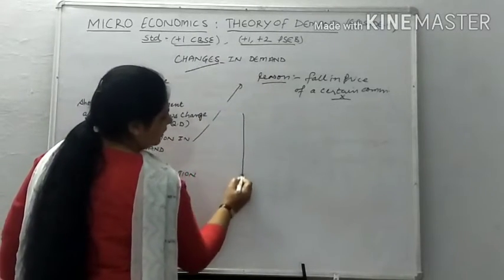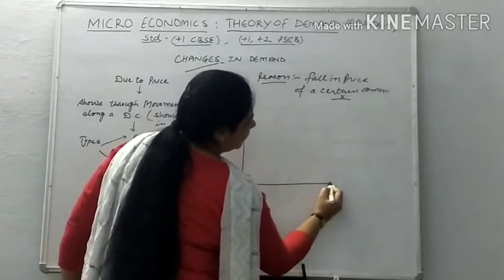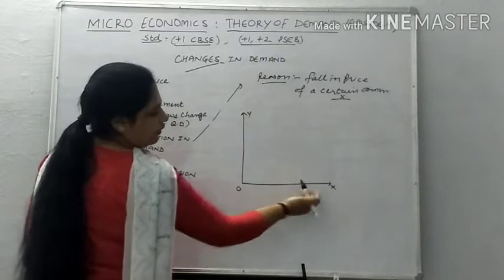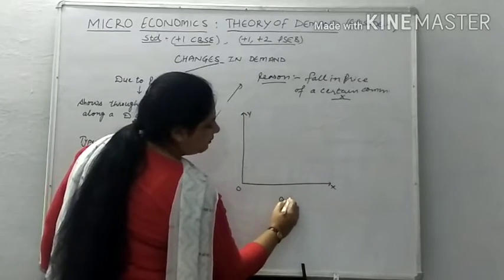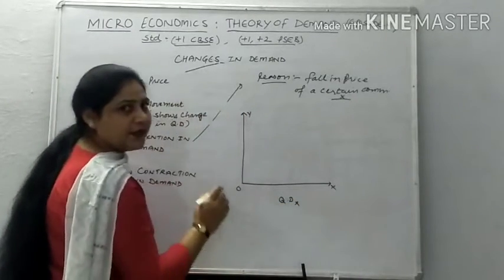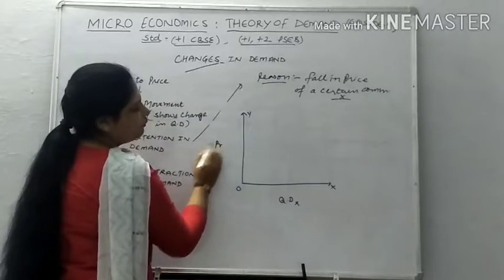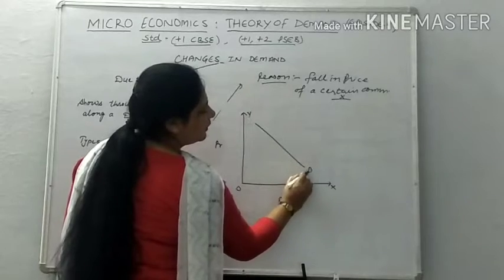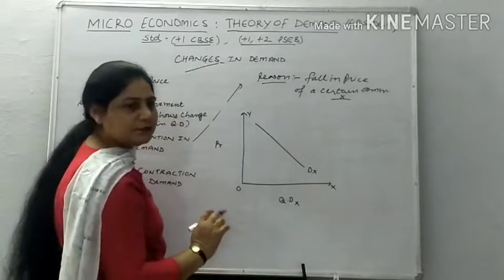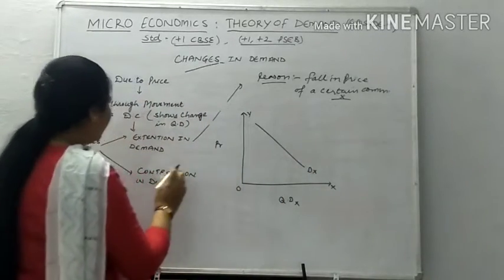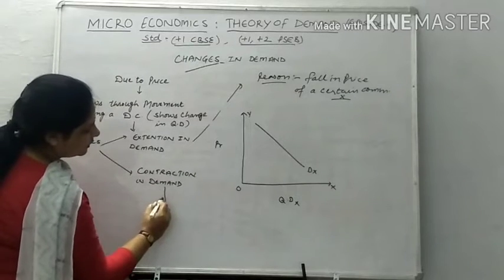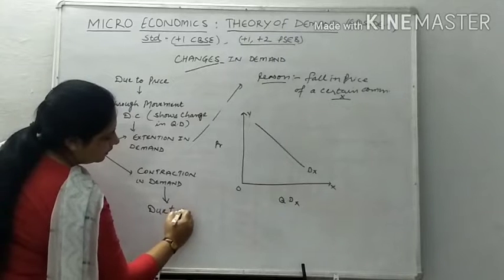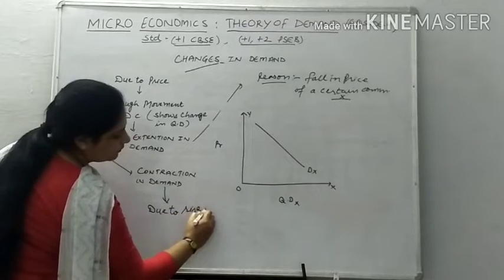Students, I am taking the same example but in another way. Here, on the OX axis I am taking quantity demanded of commodity X, and price for good X. Again I am taking the demand curve for good X. Students, contraction in demand occurs due to a rise in price.